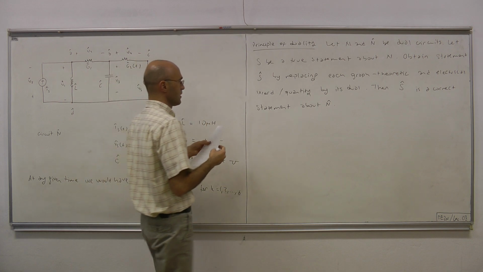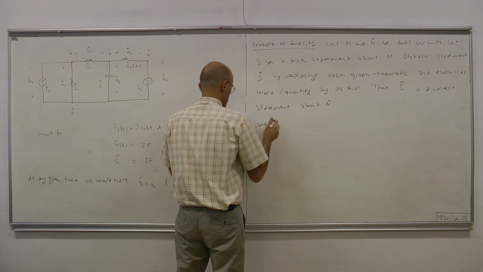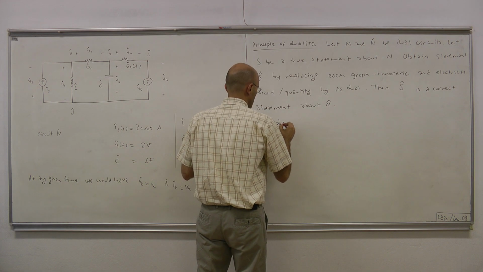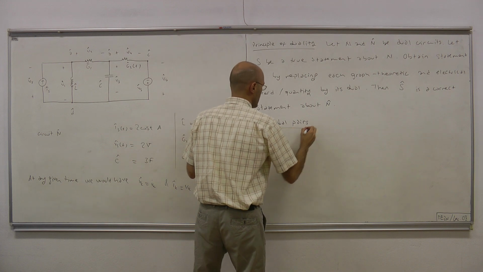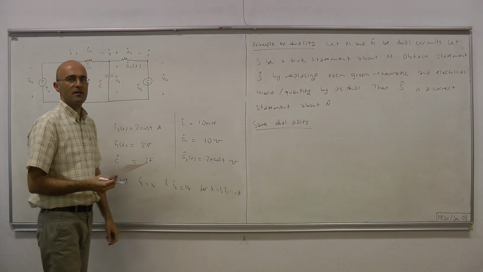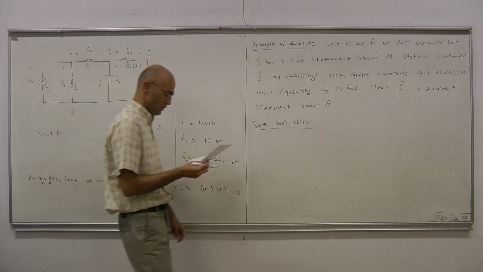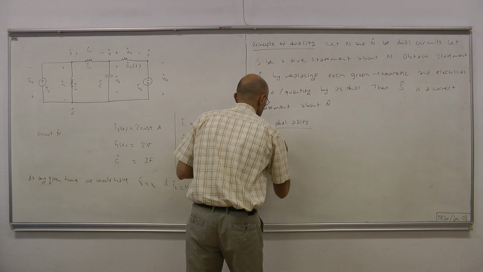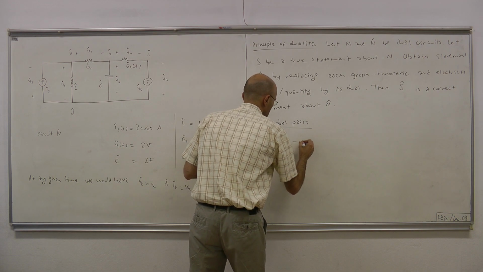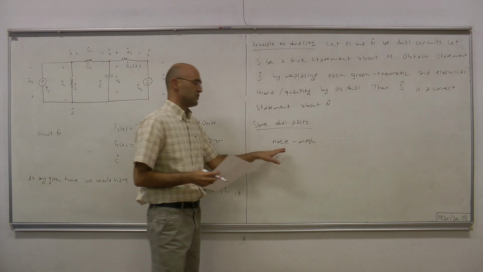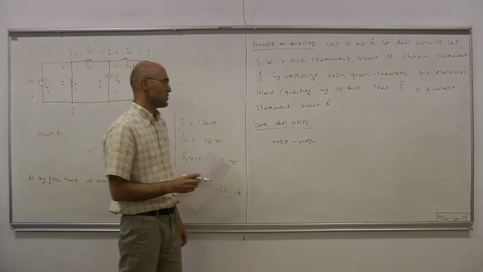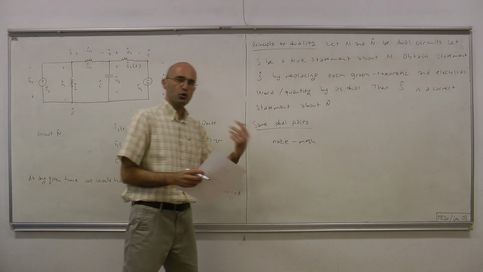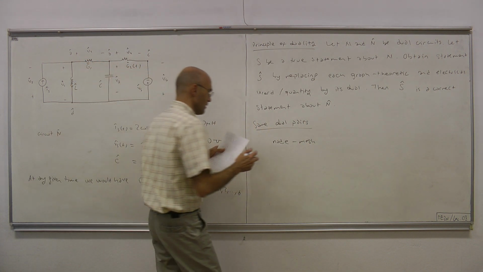Okay. Now here are some dual pairs. And by thinking a little bit, you can generate your own dual pairs also. Okay. Node, mesh. We've seen that a node in one of the graphs becomes a mesh, and the other way around. They're dual concepts.